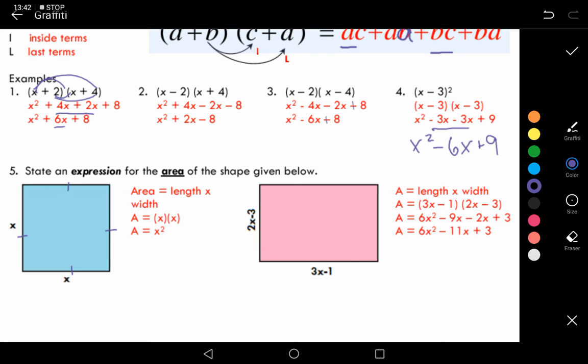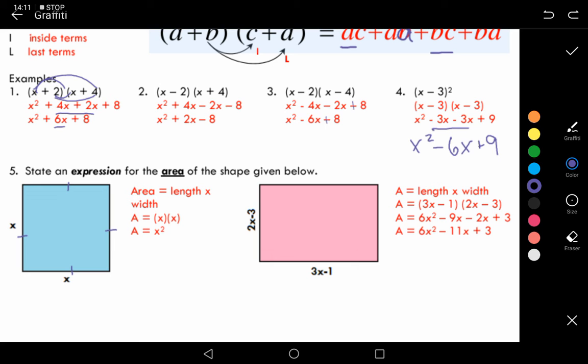Don't get confused just because it's an x. It would be the same thing if you had 2 times 2. You would just get a number instead of a variable. Now let's look at the pink one. It's a little bit more confusing. The area of a rectangle and the area of a square are calculated the same way, so your formula isn't changing, but the side lengths here are a bit different.